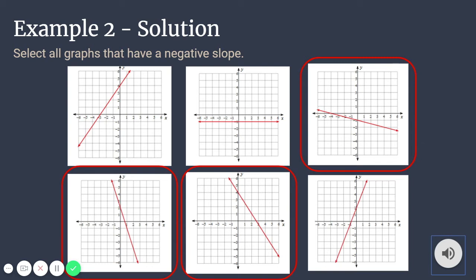Same exact idea for the bottom row, those first 2. So as your X value is increasing, your Y value is decreasing, and you would be able to put your person on a bike there and it would be able to roll down the hill, or go sledding down a hill. And then that last one all the way on the bottom right, if we look at that, that is increasing. So that one would be a positive slope.